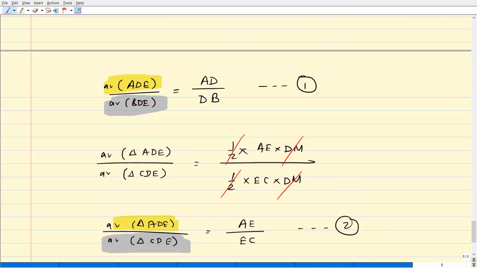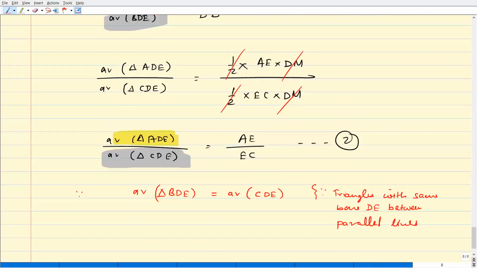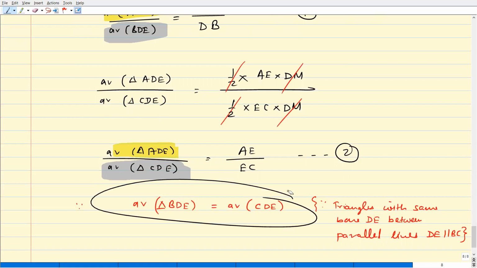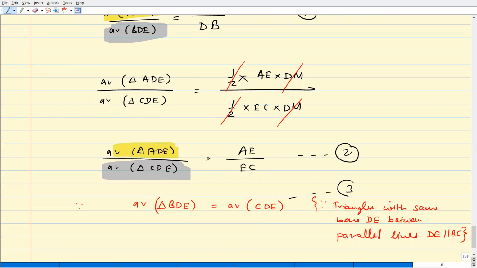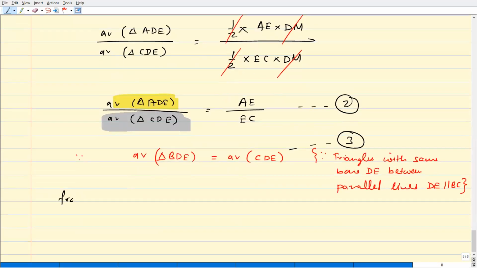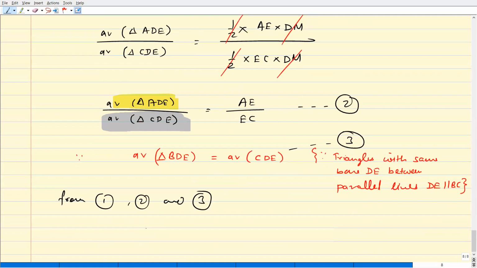What are the parallel lines? DE parallel to BC. Let's call this as the third equation. These two are equal. Let's call this as 3. So from 1, 2, and 3, we can say that equation 1 and 2 are equal. AD by DB is equal to AE by EC.